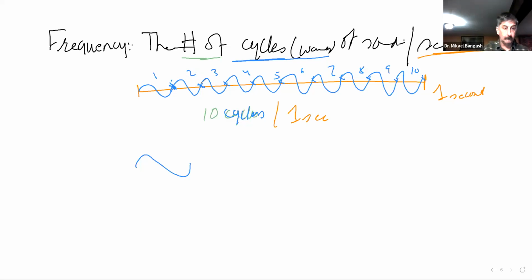So we count 1 up and 1 down, 1 up and 1 down, 1 up and 1 down, a total of 10 ups and downs. That's easy to count: 1, 2, 3, 4, 5, 6, 7, 8, 9, 10. You can see each peak has its own trough. Did you get that, dear? Yes, thank you. No problem, dear.